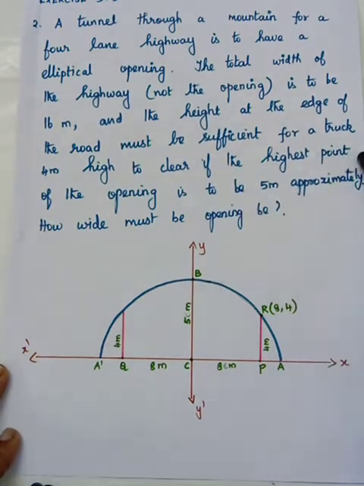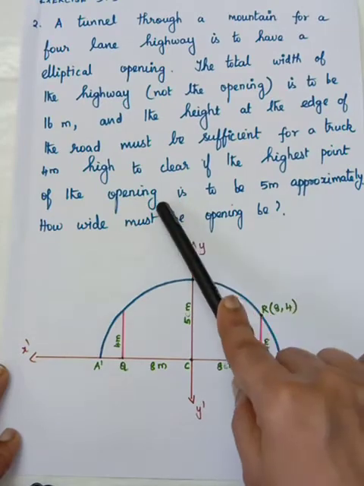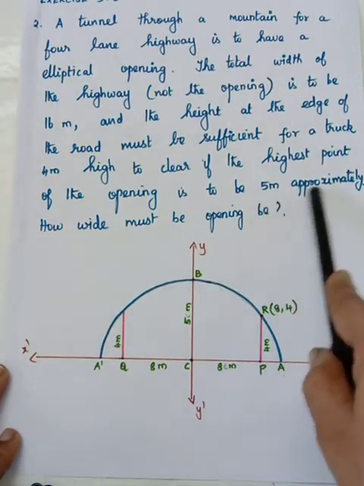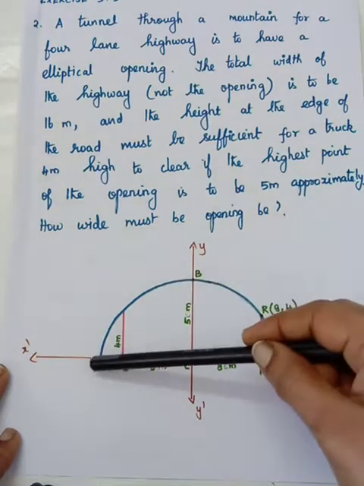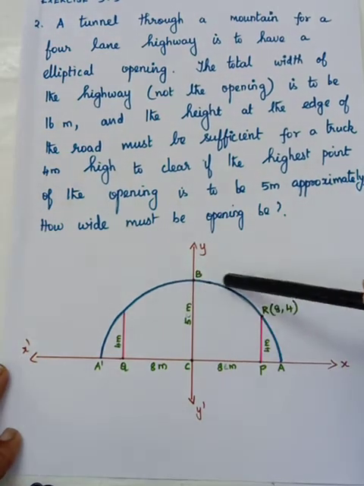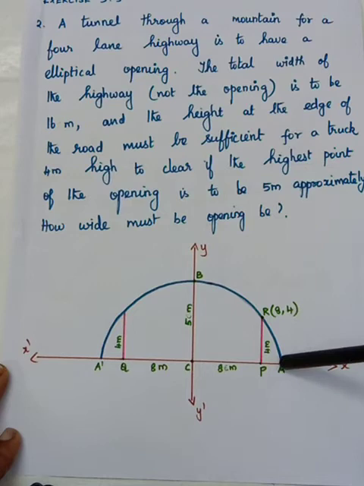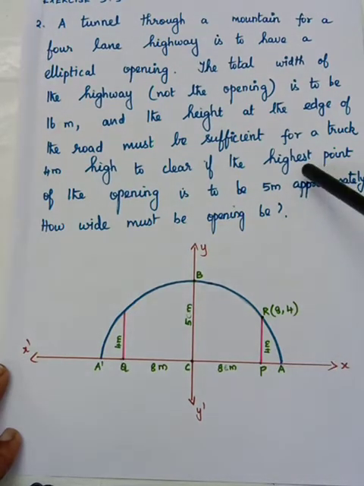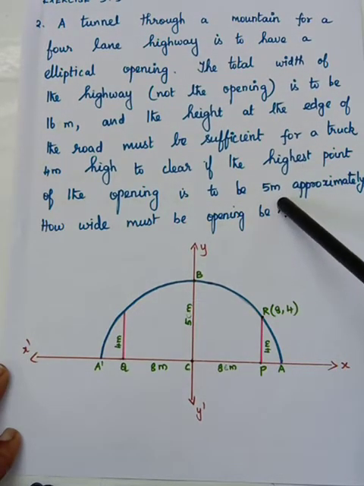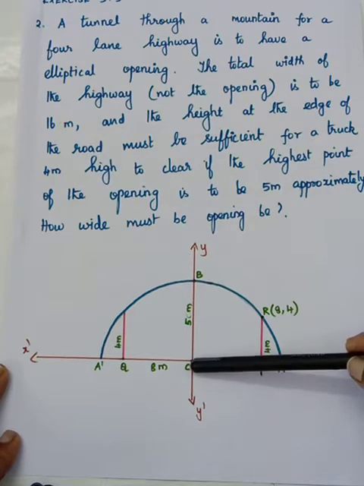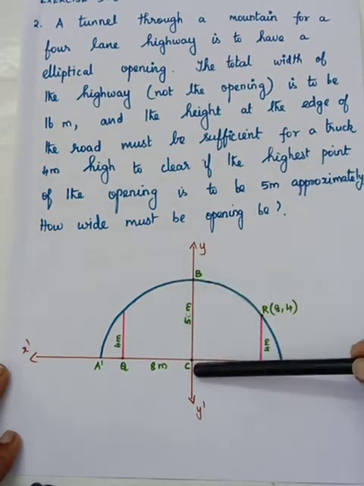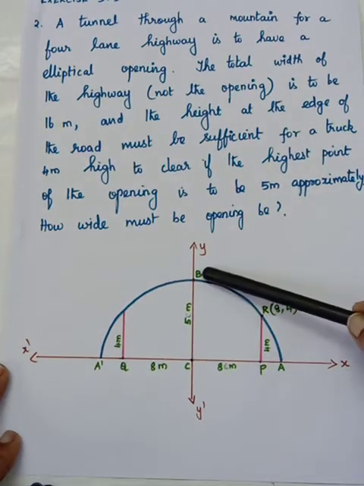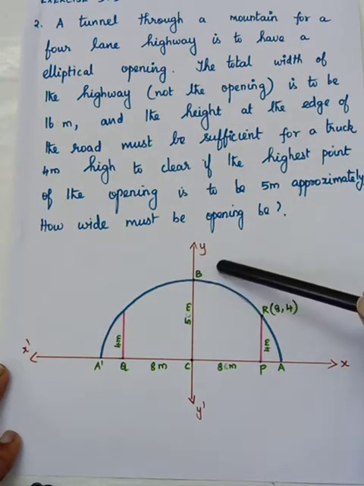See, the highest point of the opening is to be 5 meter approximately. So the highest point on the arch, which is in the form of a semi-ellipse, is 5 meter. So from the center the highest point B is 5 meter. So this is 0, 0 and this is the point 0, 5.